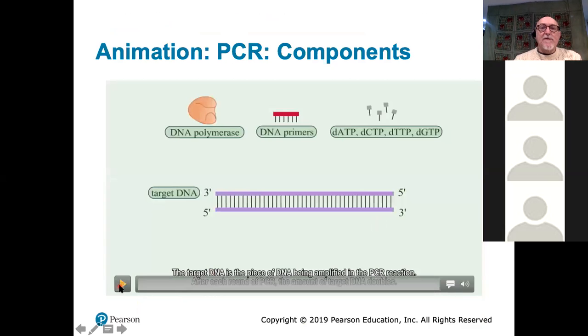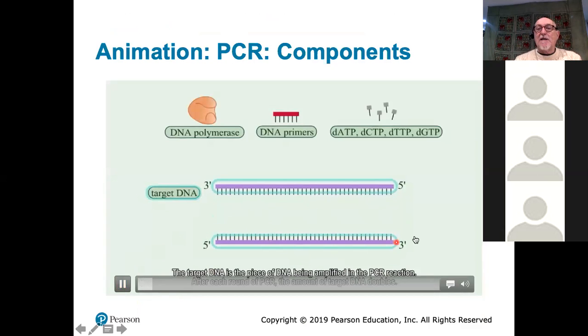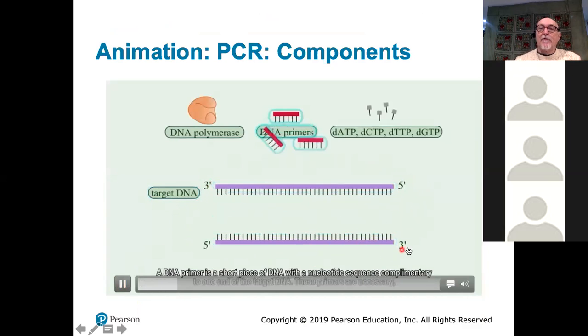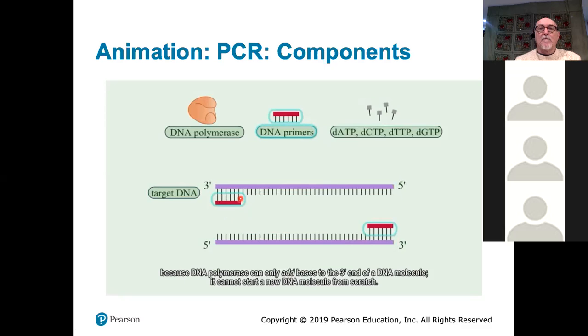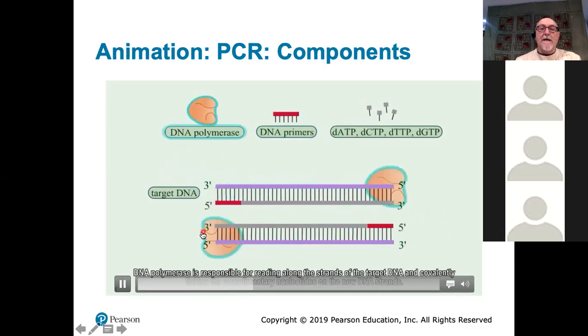Let's see if I can get this to actually do something. So this is the target DNA. We're going to double this each round. Here come the primers. This is annealing. Remember, it can only add in this direction and that direction. This is the 3' end. That's the 3' end. There it goes. That's the DNA polymerase.